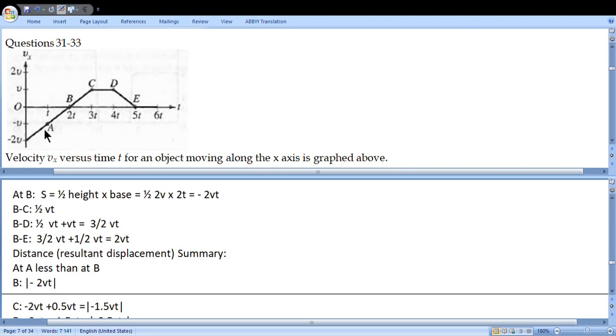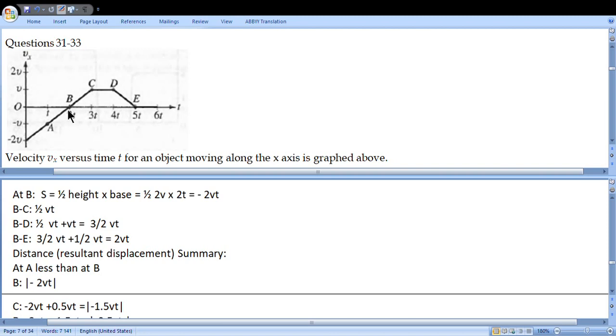Half 2v by 2t give us 2vt with minus. And of course at point A it traveled, so it moved to the left, for example, 2vt. But at A it moved to the left less, so B is our king at the moment.